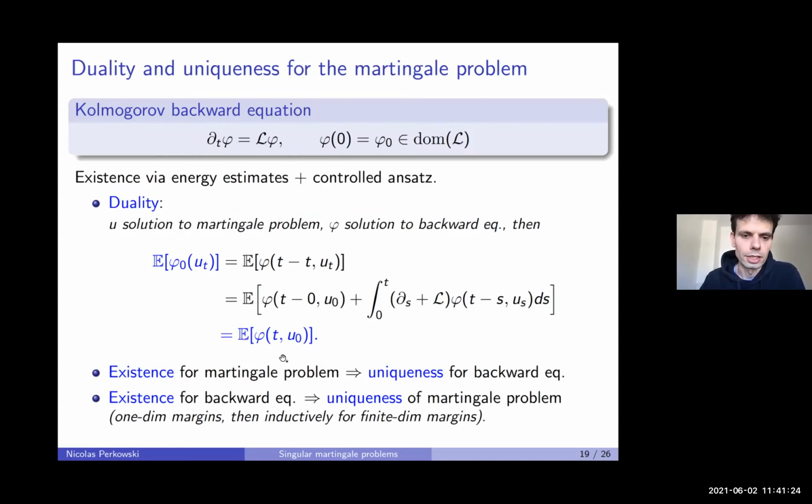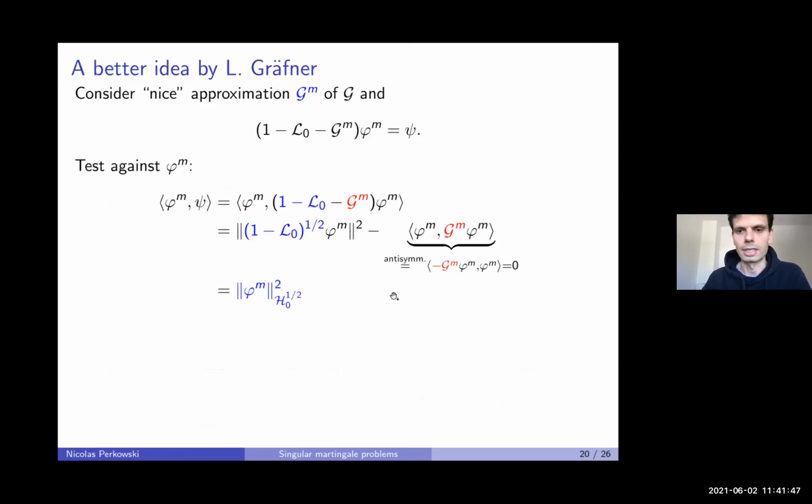This duality relation is a general result that if you have existence of solutions to the Martingale problem for sufficiently many initial laws, then you get uniqueness of the solution to the Kolmogorov backward equation. And if you have existence of solutions to the Kolmogorov backward equation for sufficiently many initial conditions, then you get uniqueness for the Martingale problem. And this works here as well. Again, there's some involved infinite dimensional analysis in there, some more long computations, but at the end it also works more or less as you would think.